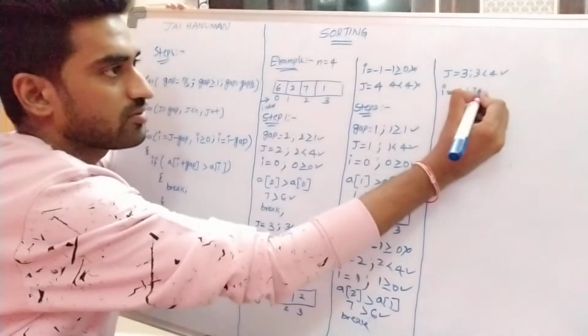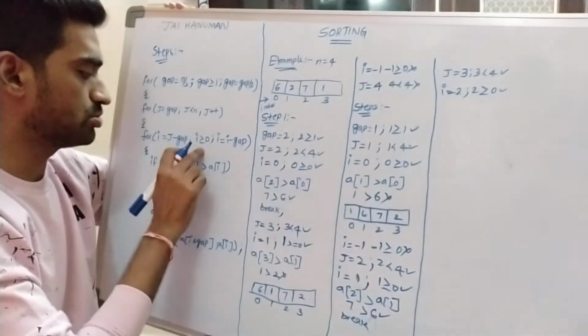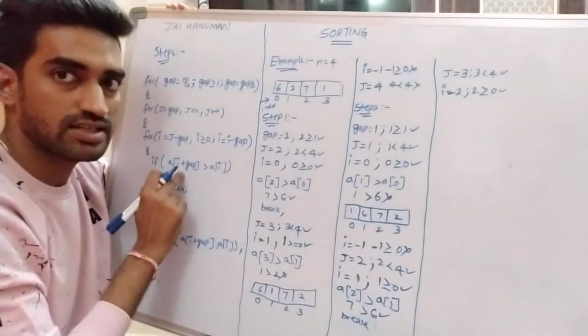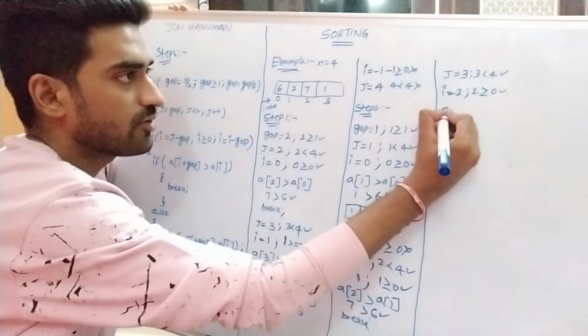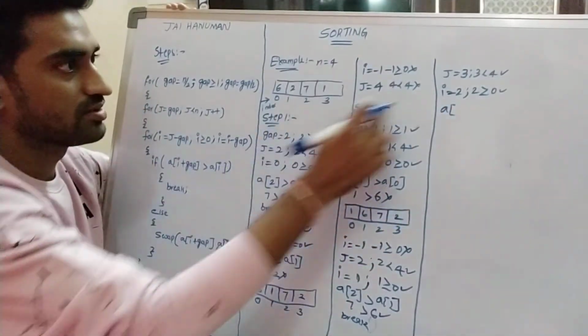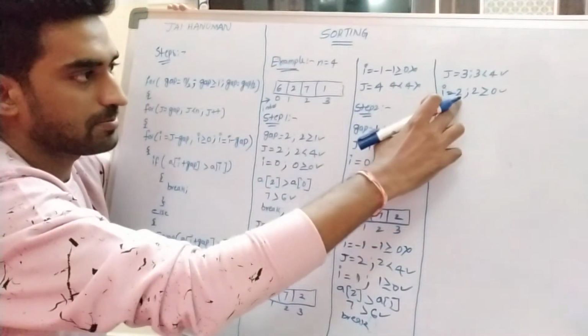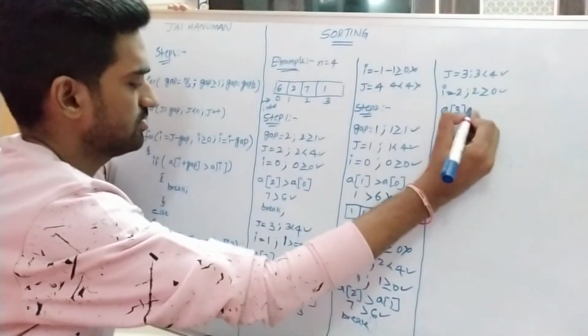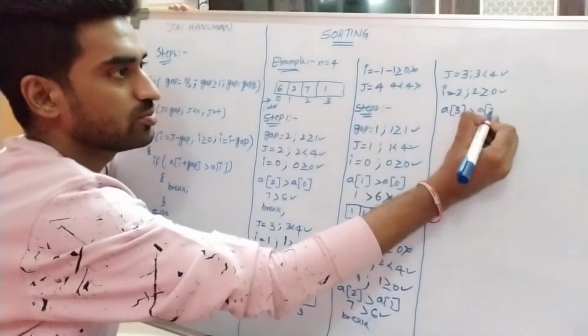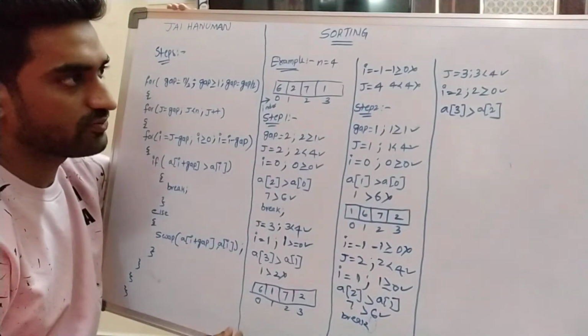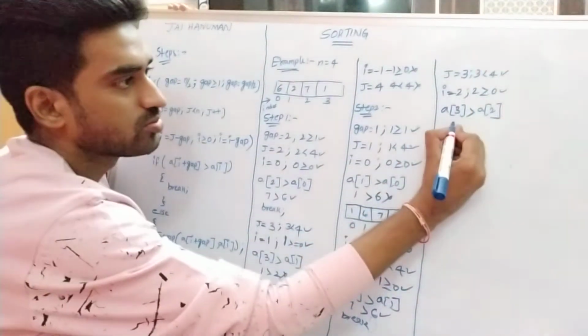2 greater than or equal to 0. Condition is true. Then we are checking this condition right now. So if Y of I plus gap, 2 plus 1, Y of 3 greater than Y of 2. What is the Y of 3 value? 2.